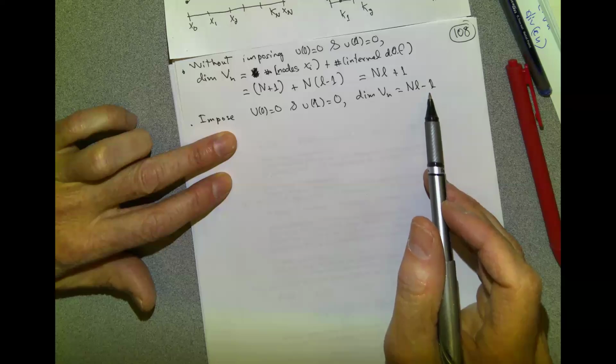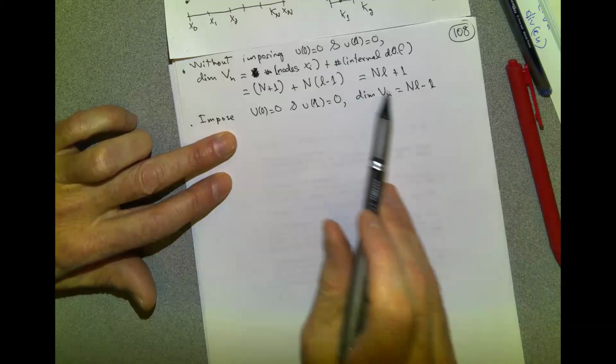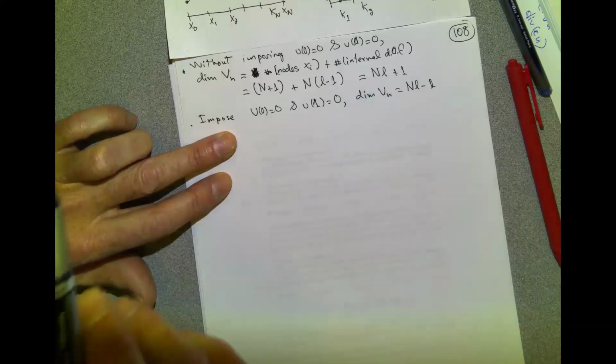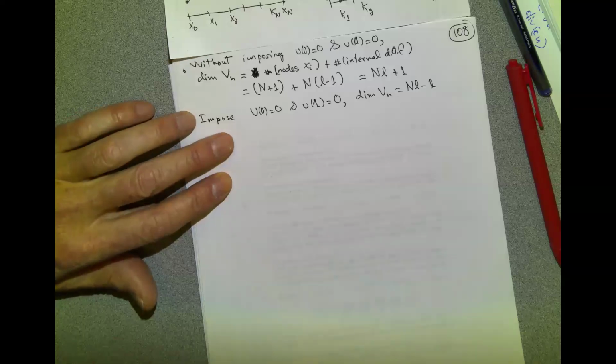The number of unknowns is going to change, and that would require a different assembly process for Neumann and Dirichlet boundary condition. And if you want your finite element code to handle both Dirichlet and Neumann boundary condition without too much pain, usually it's easier to implement for Neumann and then enforce afterward the value of the function at the endpoints. In FreeFEM, to be honest with you, I don't like the way it's done because it's done by penalization, which is not the best way to do it. I'm going to explain this later.